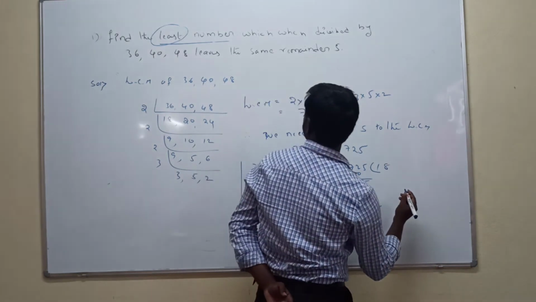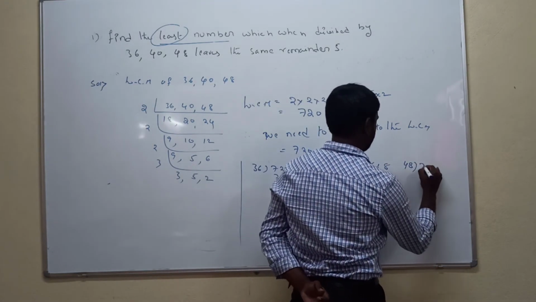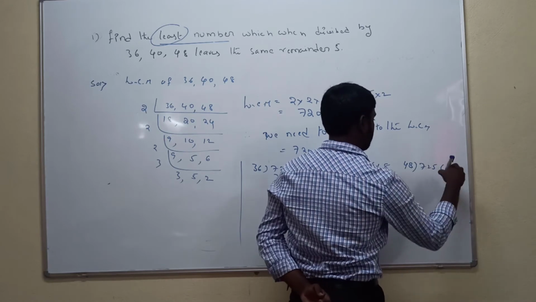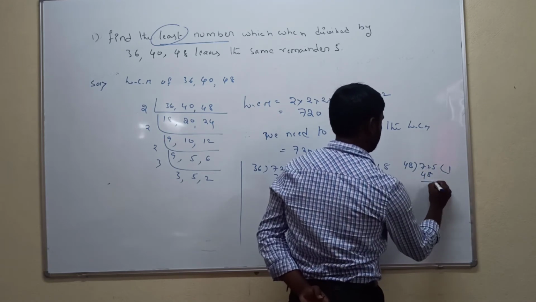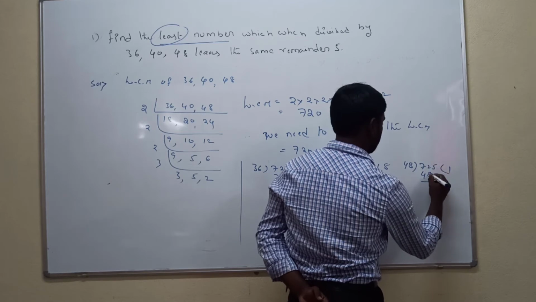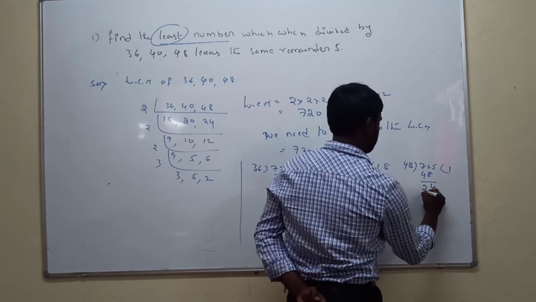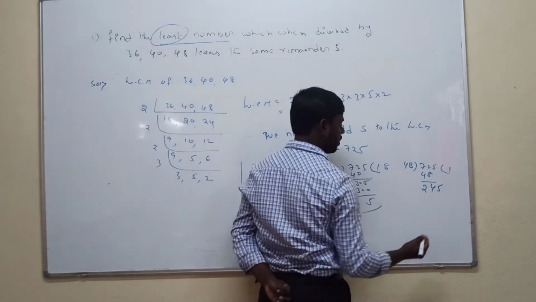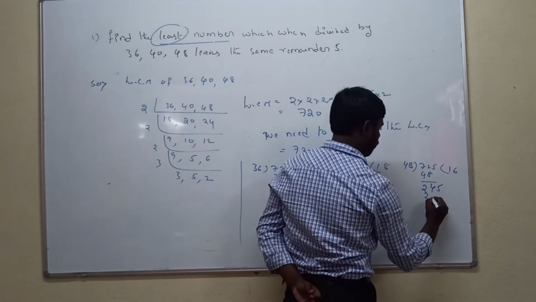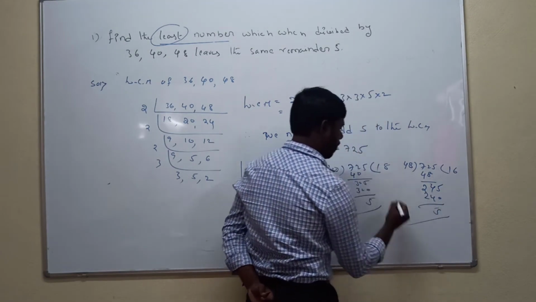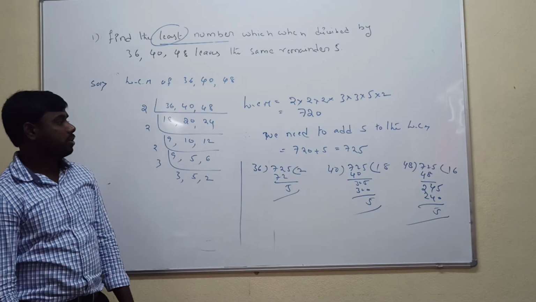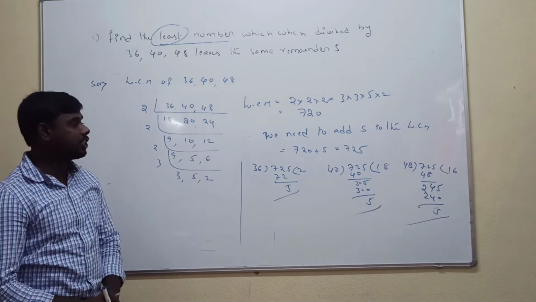The next one is 48. 48 into 15 is 720, the remainder is 5. Yes, 725 is the least number.